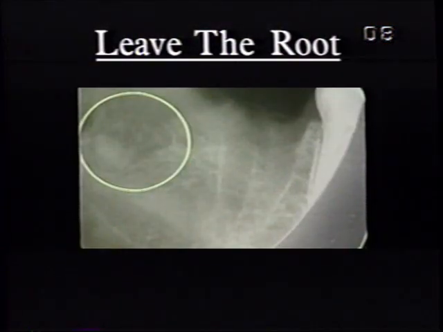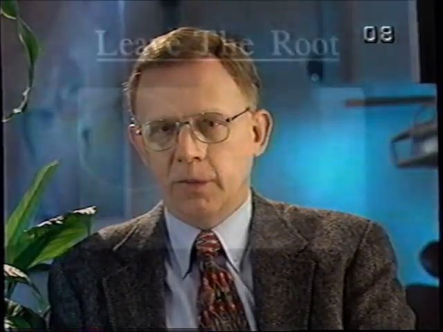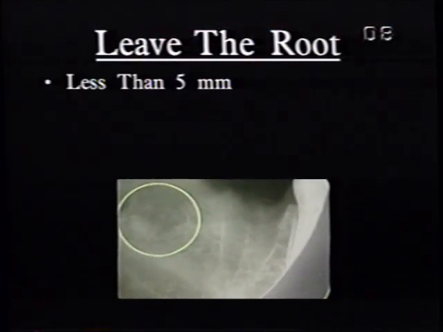Leaving the root. This is an option and certainly a viable option. It may be that we've considered and even tried most of the other ones before we finally come to this. But it's not bad dentistry to occasionally and under certain circumstances leave a root tip. It should be fairly short. For example, Laskin suggested it be under 5 millimeters.